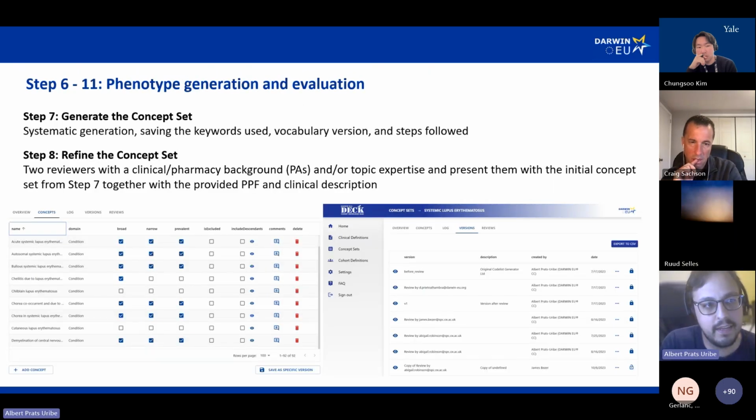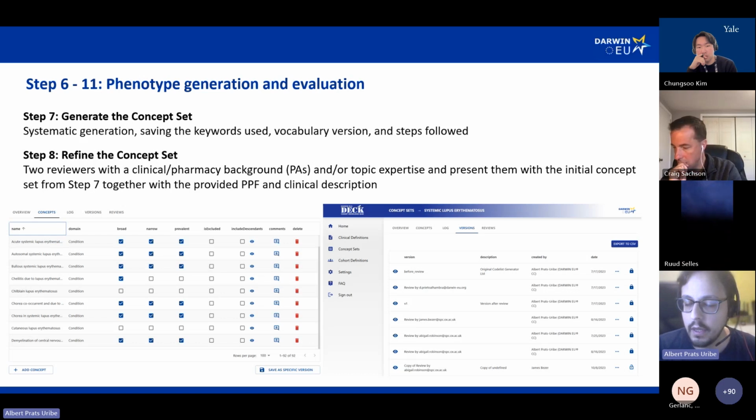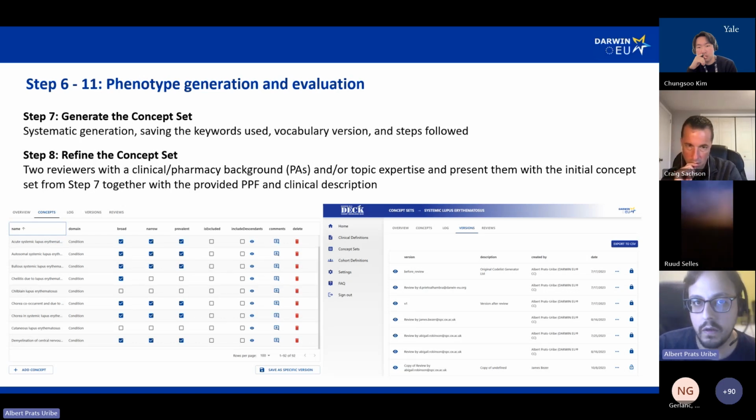It starts by generating a concept set. We try to follow a systematic generation using keywords, like we would do in a systematic search, and we store these keywords so it is reproducible to get to the same concept set from those keywords.